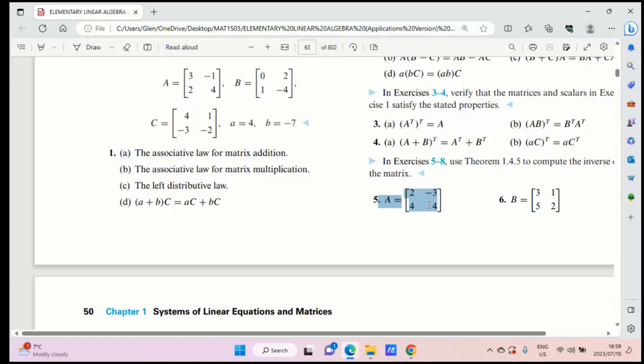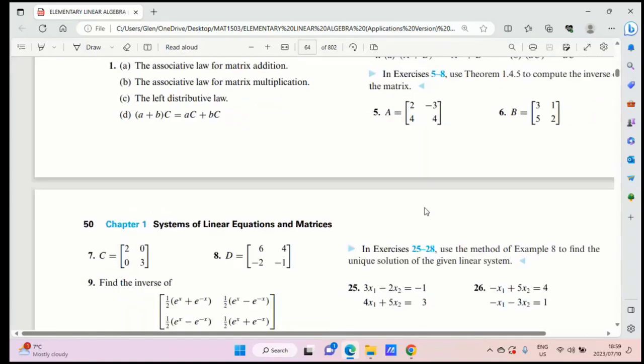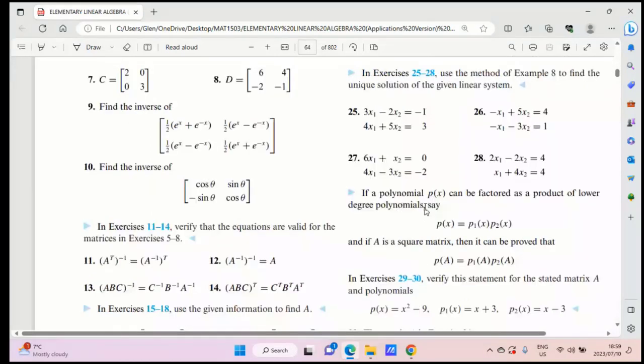This is the matrix. I disagree, sir, with the answer. Who is talking? Celo. Okay. Celo disagrees. Thank you. Vincent requests an explanation.